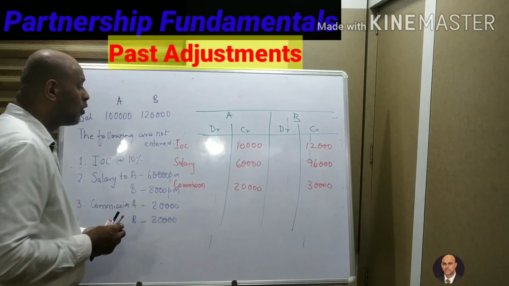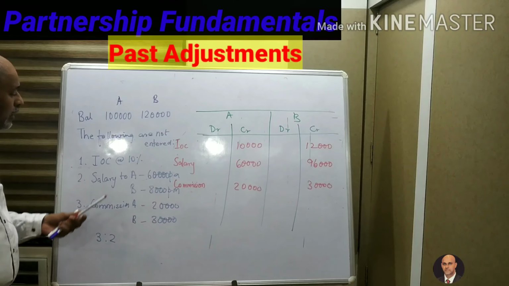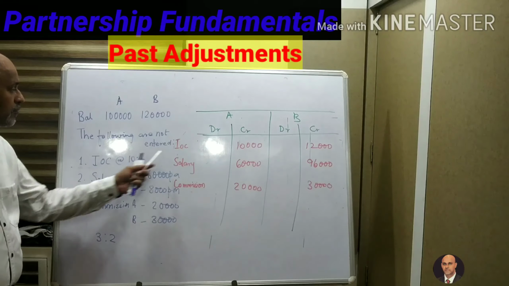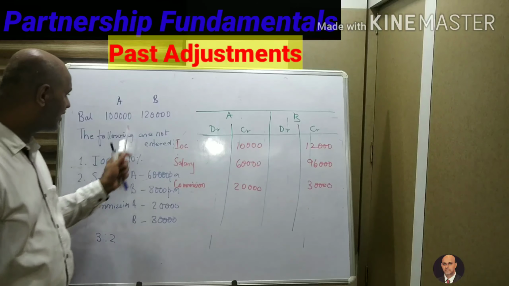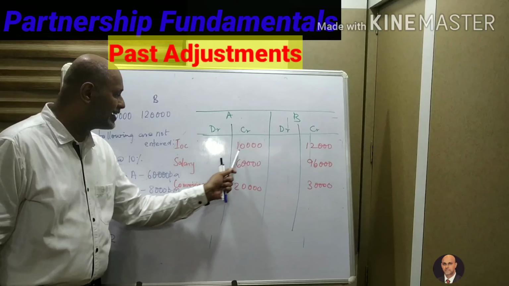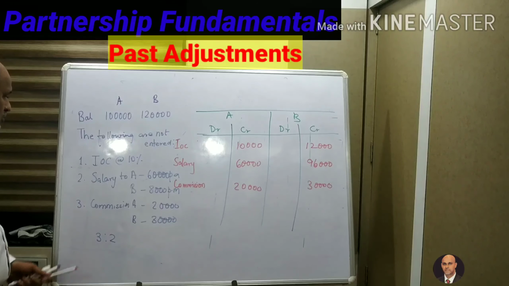So all this was omitted to be entered. That is your interest on capital, which I calculated as 10% on 1 lakh and 10% of 1 lakh 20,000, that is 10,000 and 12,000.